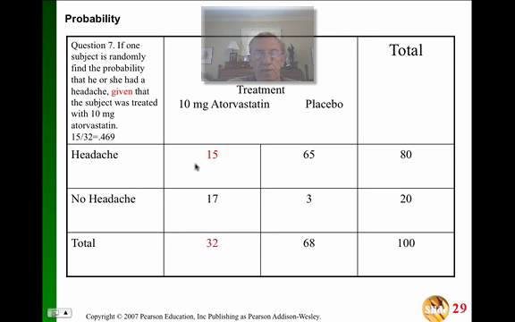What's the likelihood they had a headache, given that they had medication? I put 32 in the denominator and 15 in the numerator, and that gives me 0.469, or 46.9%.